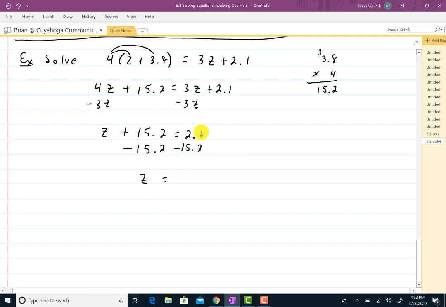Now you have a positive number minus a bigger positive number. That's definitely going to be negative. And the easiest way to do this is to do the 15.2 minus 2.1, bigger minus smaller. And it looks like I get 13.1. I already had my negative waiting around for me.